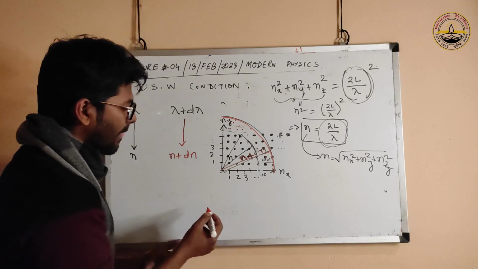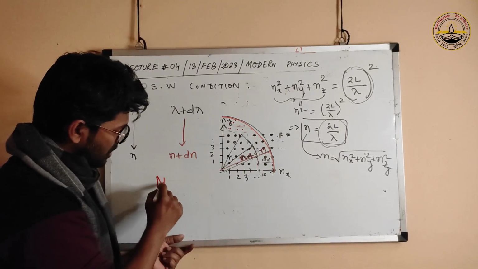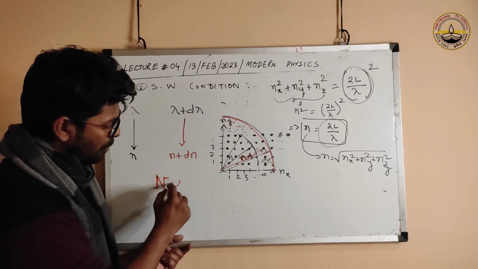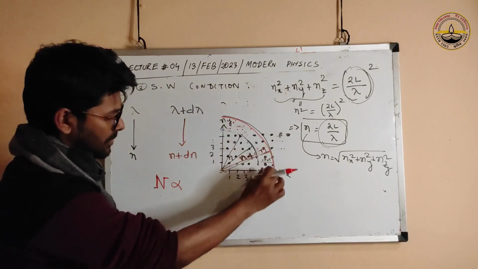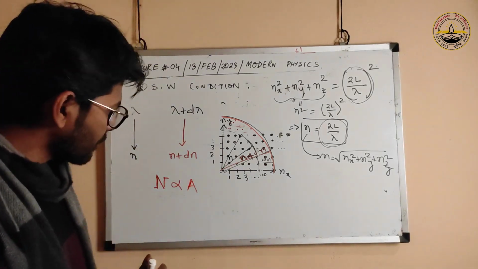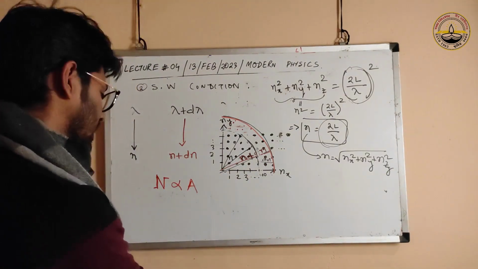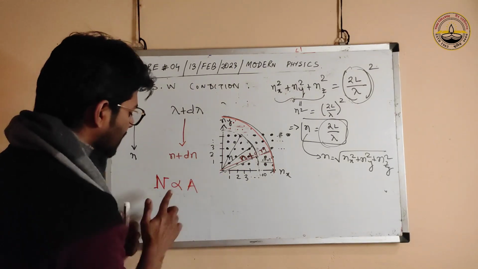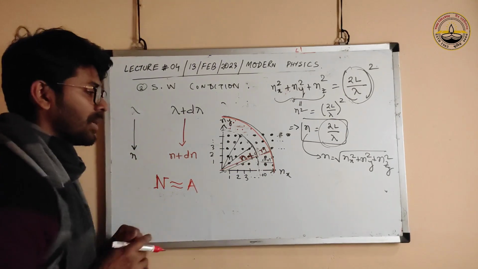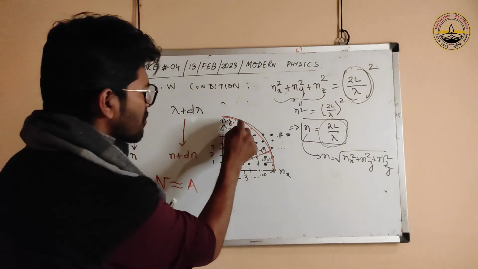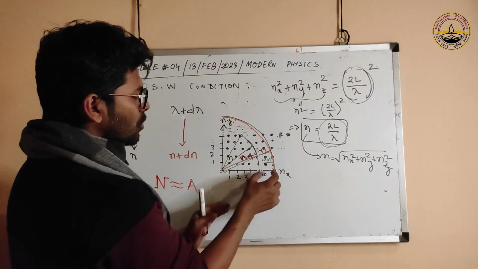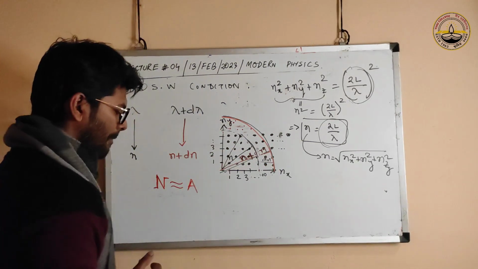So basically, the number of points would be proportional to the area that we consider. Yes, but we could actually say that they're almost equal. We can approximate that the number of points within is actually equal to the area of this strip.